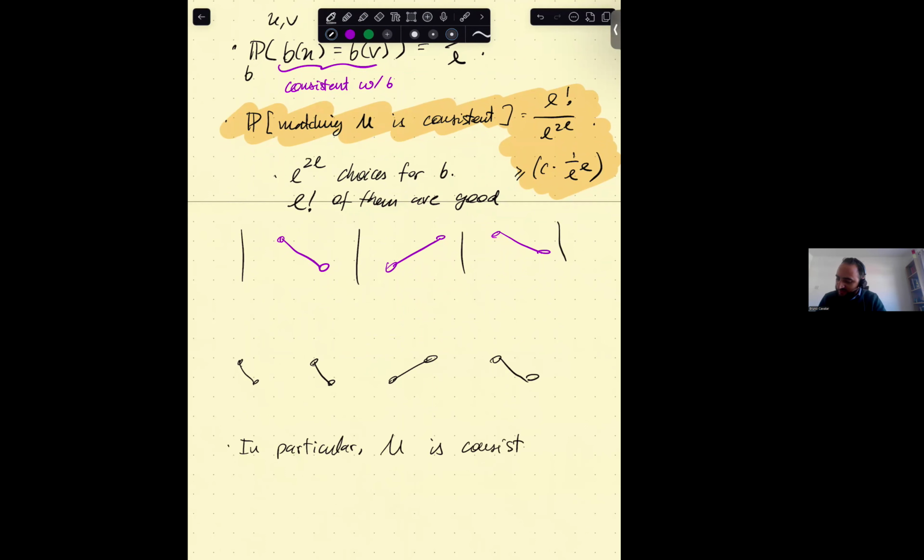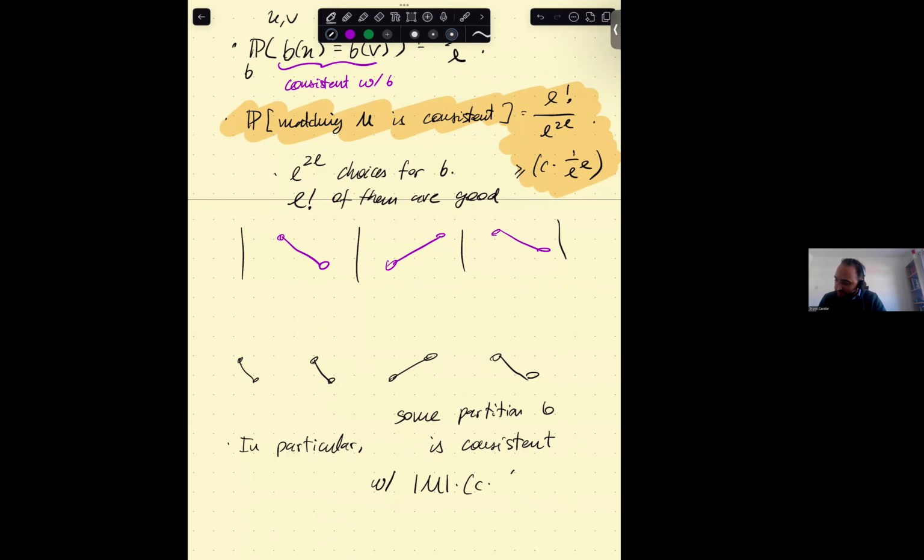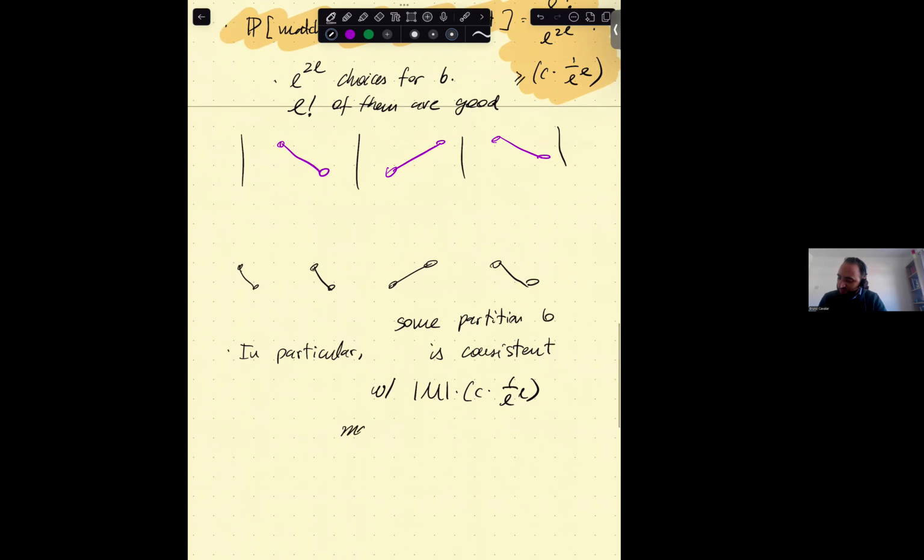Or rather, some partition B is consistent with M, like this constant fraction of the matchings of M.